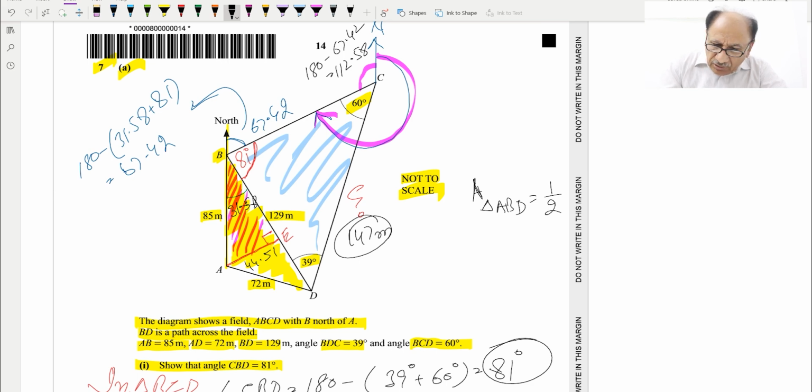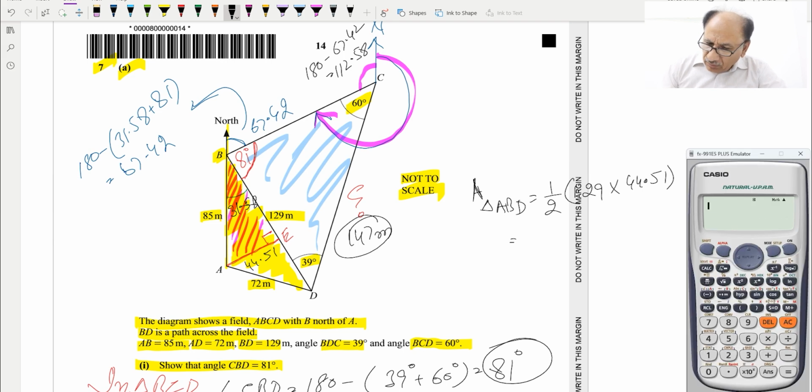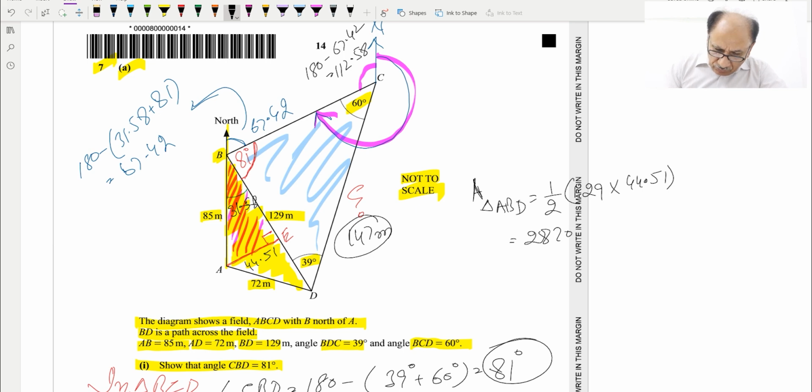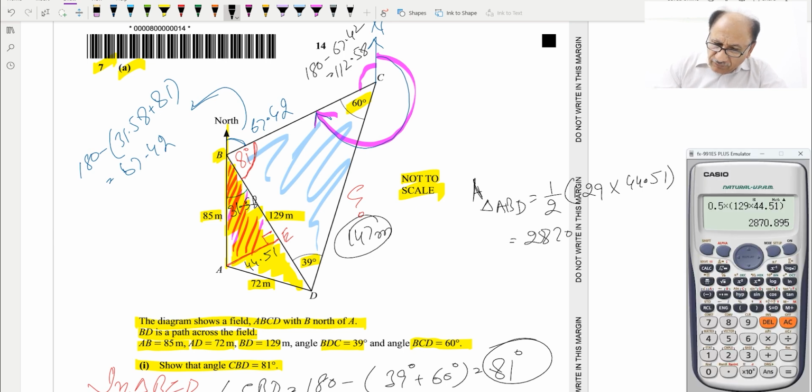Base will be BD, which we can take 129, into height we can take 44.51, which we calculated, and this area will be 0.5 into 129 into 44.51, and this is 2870.895.